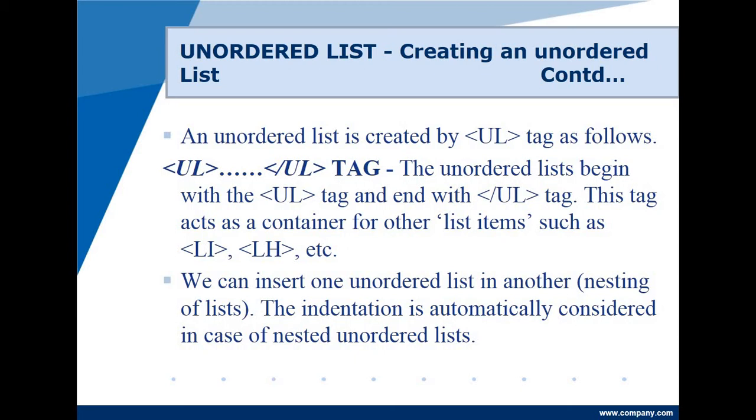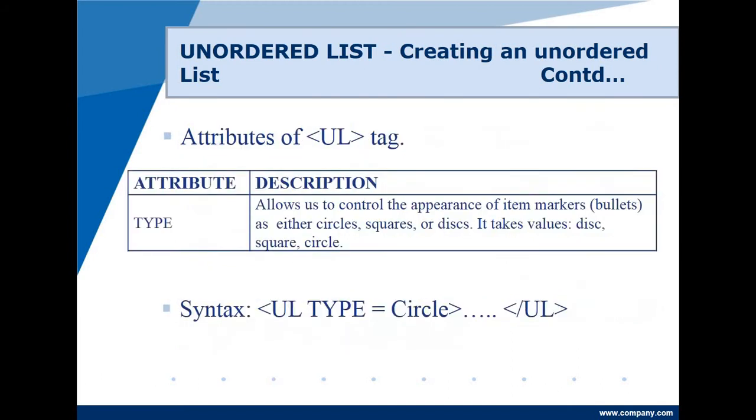LH is in case you want to have a heading to your list, and li adds each option or item in your list. And the attribute that we have is type again, the only attribute available with listing tags. With ordered list as well as unordered list we have only one attribute called type.